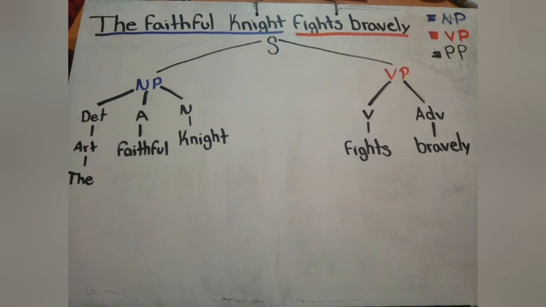Let's start with the noun phrase, okay? Well, first of all we have a determiner that is an article, and that article is the. Then we have an adjective that is faithful, and finally we have the noun that is knight. Then in the verb phrase we have the verb that is fights and an adverb that is bravely. It's correct, everything.